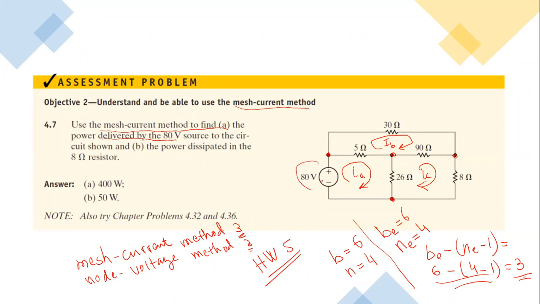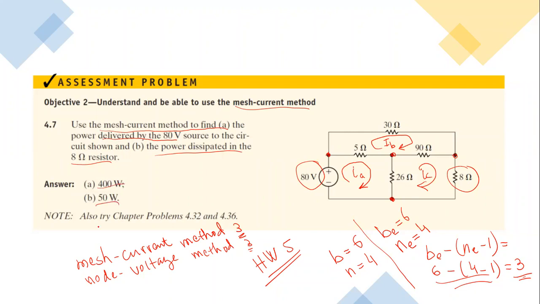In order to find the power, you need to multiply the voltage by IA, so you need to find IA. And the power dissipated in the 8 ohm resistor. Here is the 8 ohm resistor. To find the power, you need to multiply 8 by IC squared.